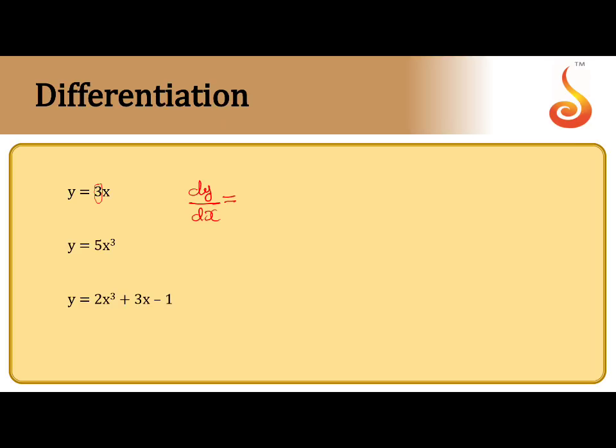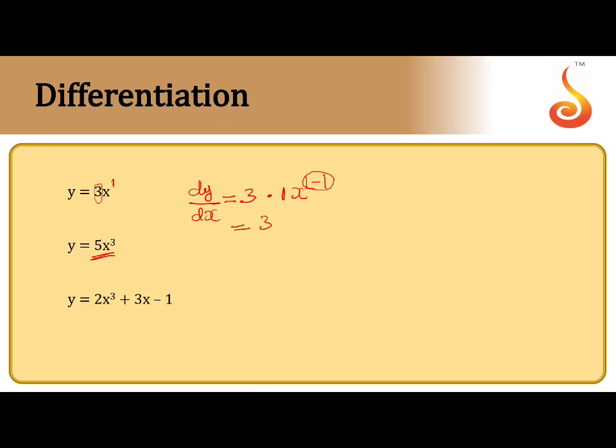But here it is 3x. So retain 3 like that only, differentiate x. So it will be 1 into x power 1 minus 1. 1 minus 1 is 0. Anything power 0 is 1. So it is equal to 3.